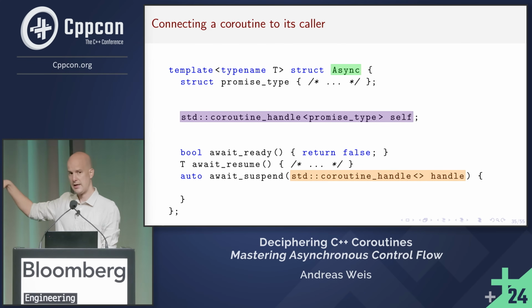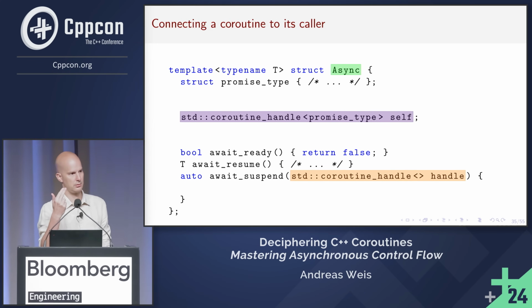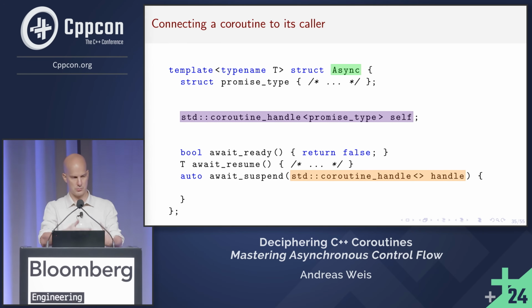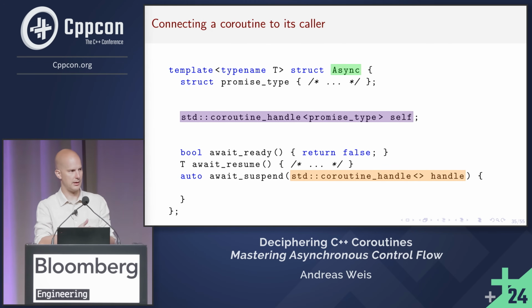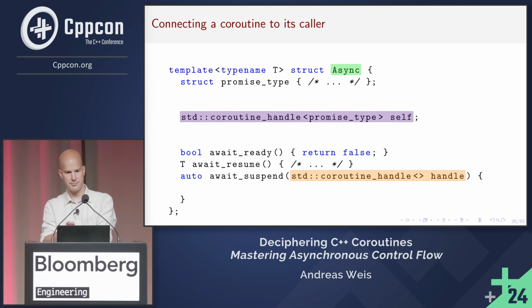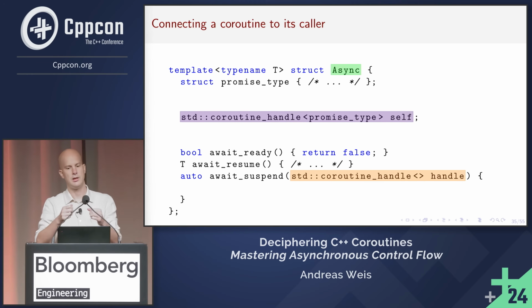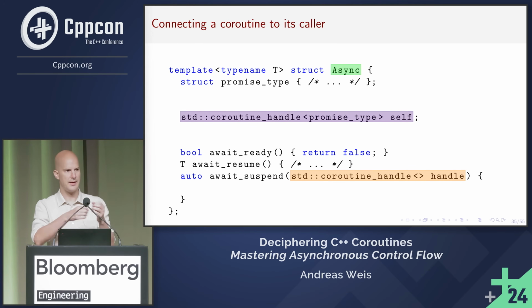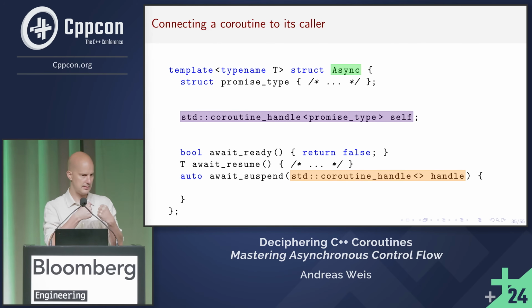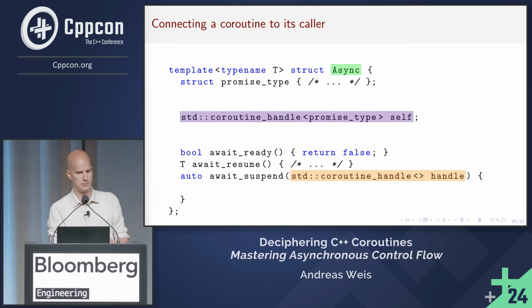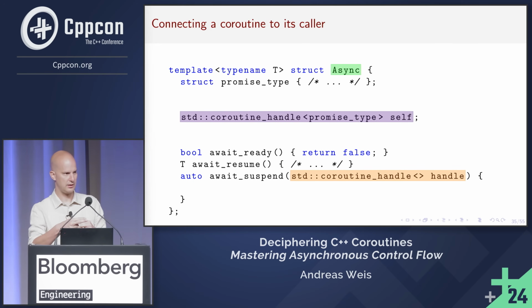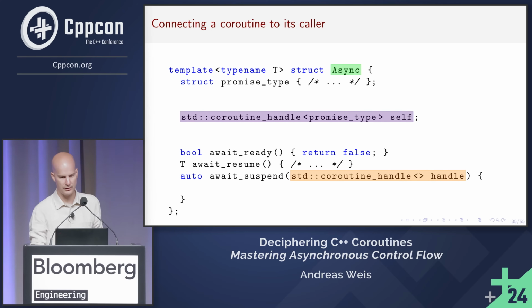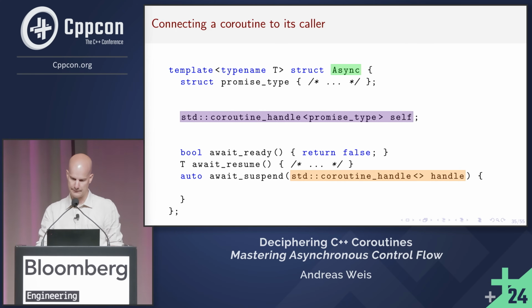But this is the handle to the outer function, right? When you call co-await on something, then the handle passed to await suspend is the handle to the function that is co-awaiting. And that is the outer function here. So we have these two handles, and they're pointing to the two different levels of the call stack.